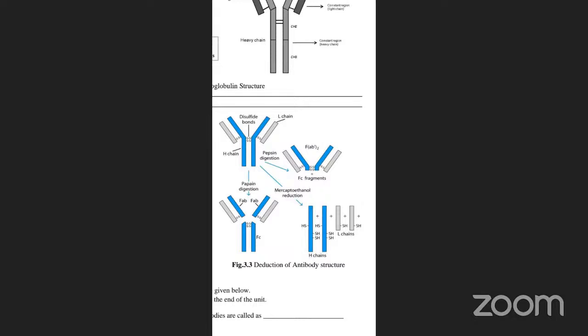When this antibody is digested by peptide, only the intermolecular disulfide bond, that is between the FC and FAB region, will be broken, but the dimer will be intact. You can see in this image.